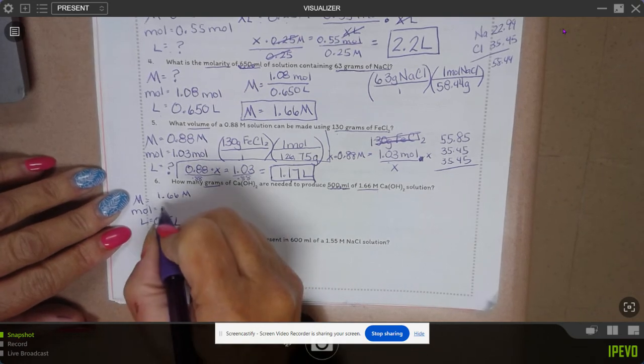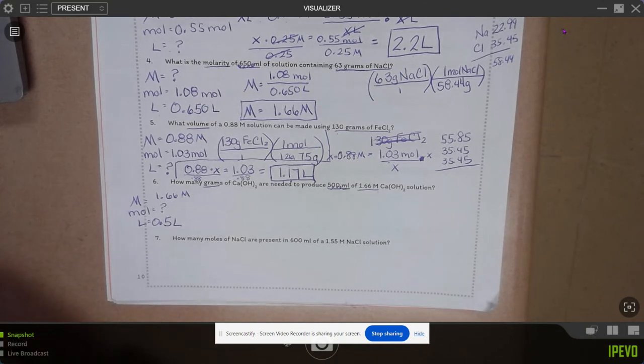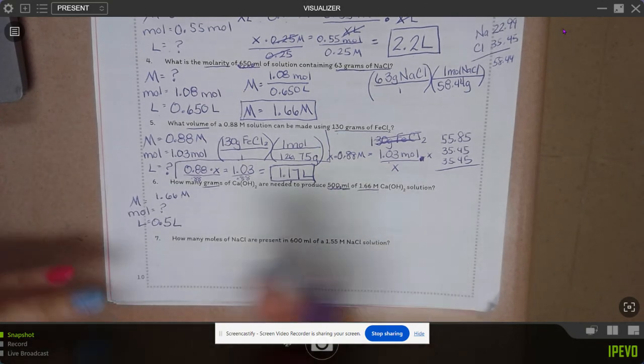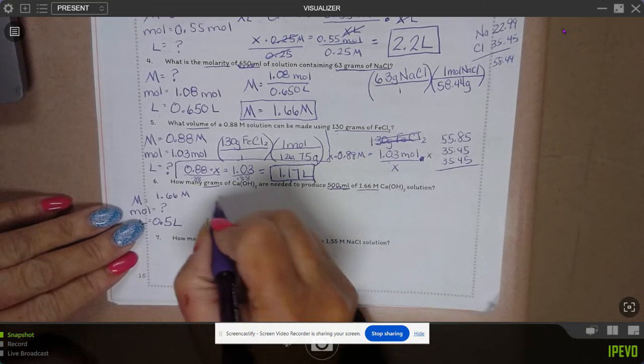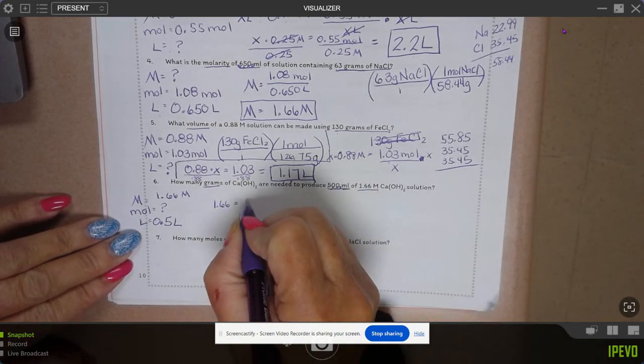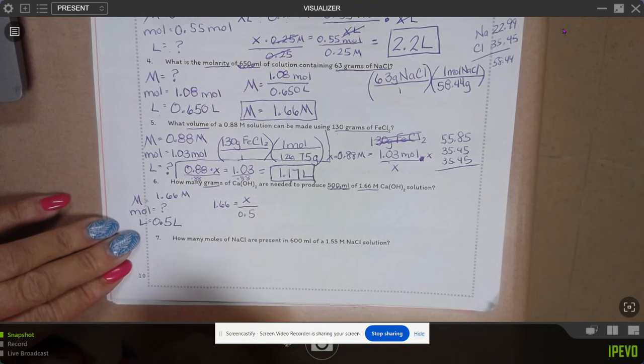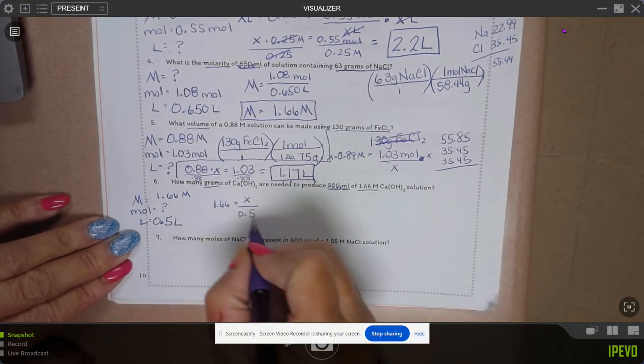All right. I can't solve directly for grams, but I can solve for moles. And once I know moles, I can figure out grams. So we're going to plug this in. 1.66 is equal to X moles over 0.5 liters. All right, so this one's pretty easy. I can just cross multiply.